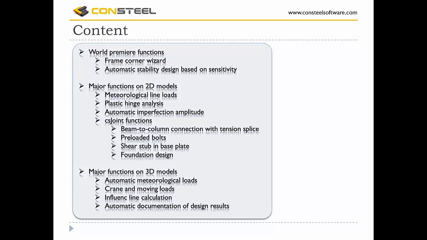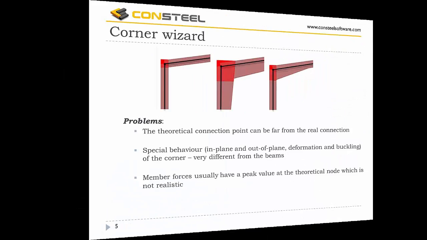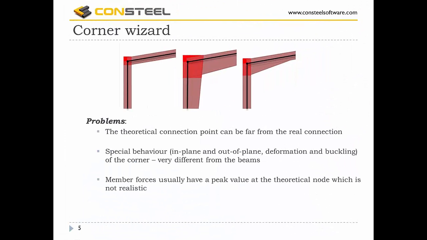And my colleague will present new functions on a 3D model, which is the automatic meteorological loads, the surface loads, crane and moving loads, which is one of the major functions in ConSteel, influence line calculation, and an automatic documentation of the design results.